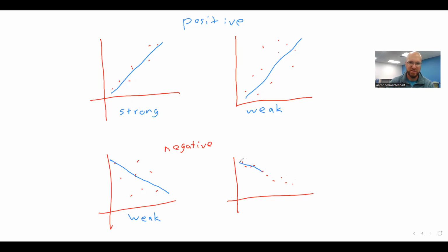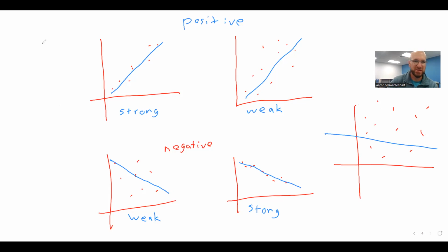This one is pretty strong. Yes, I did intentionally reverse those. If the line that would go through your data looks perfectly horizontal, we usually call that no correlation.